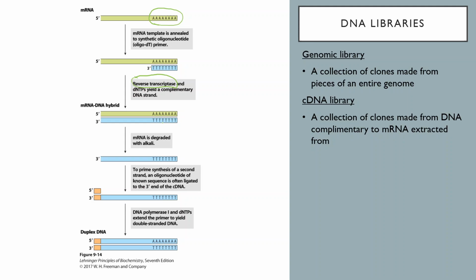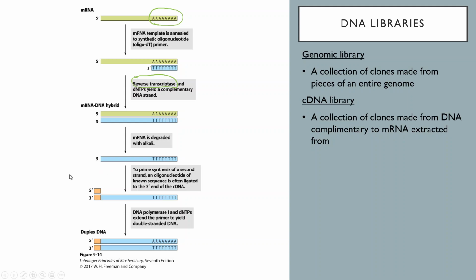Once we make the DNA copy of the RNA, we don't really need the RNA anymore, so that gets degraded. And then we use a primer with another oligonucleotide to bind to the 3' end of our DNA. Now here we have to know a little bit about what's at the 3' end.